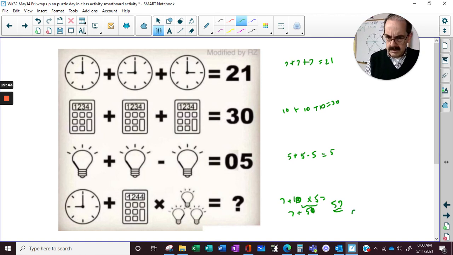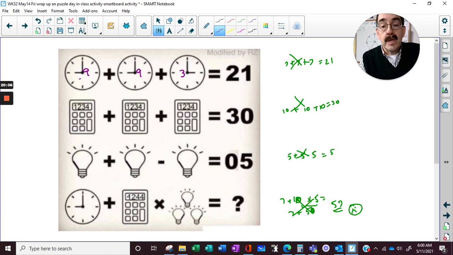What? No one in the class got 57. So Mr. Miller and I started having a discussion. This is what's freaking us out. First thing, when we went back, we noticed that this was 9 o'clock, 9 o'clock, 3 o'clock.